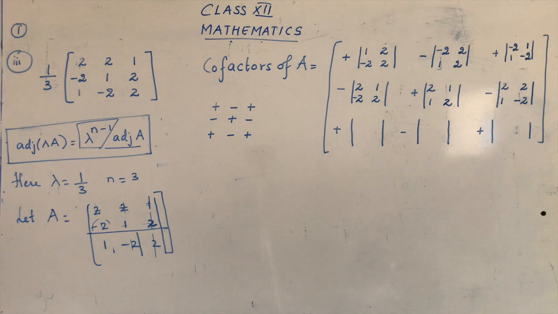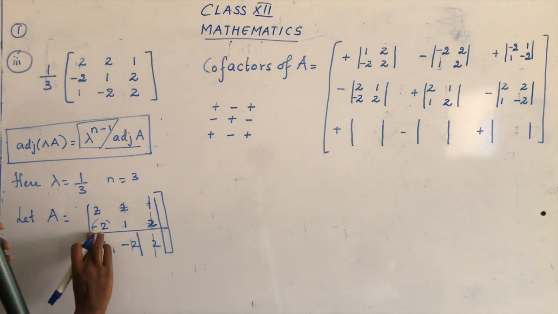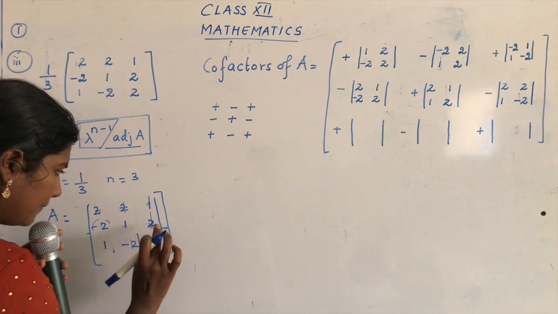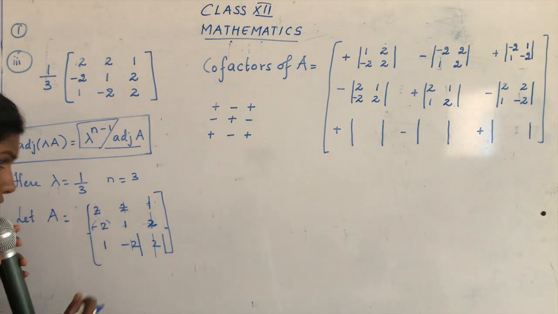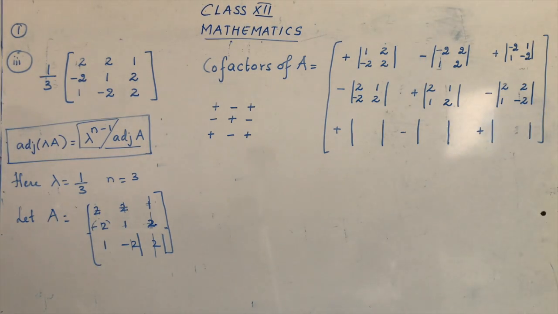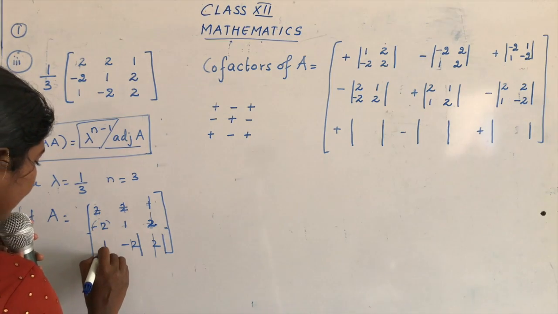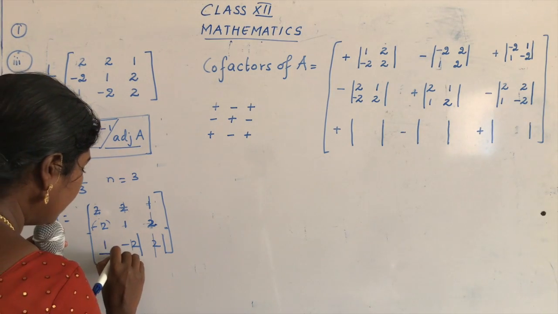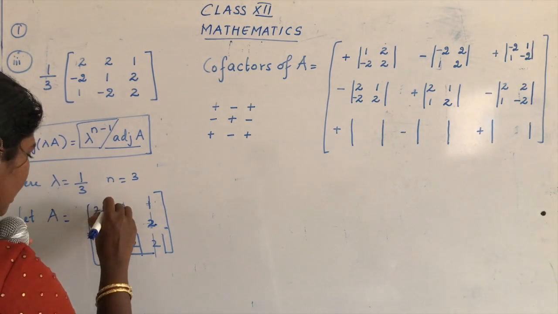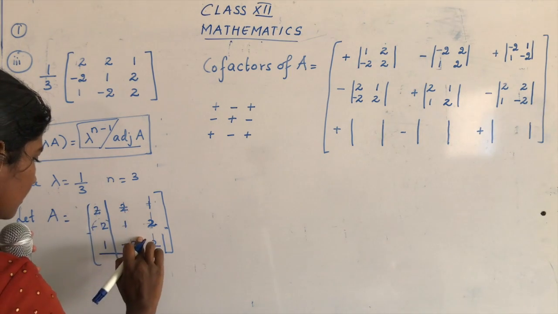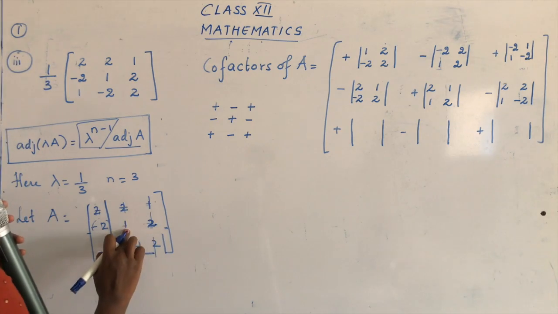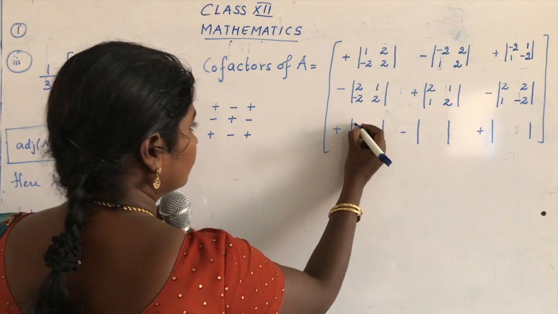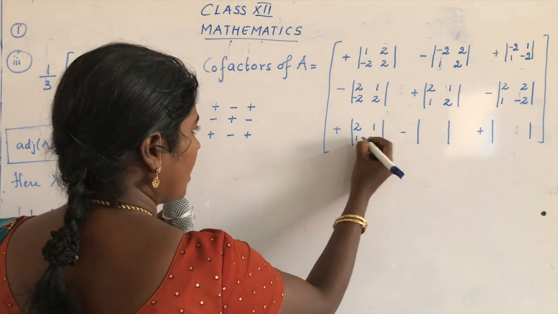Now let's come to the third row. Consider the elements from the third row. The first element from the third row is 1. Eliminate that particular row and column. So now what's left? 2, 1, 1, 2.